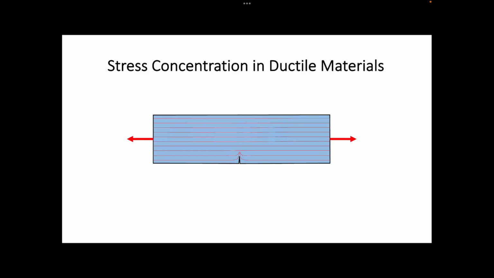For example, if the same crack as before is introduced into a bar of ductile material shown on the screen, here is what will happen if we increase the load. We see that the yielding regions indicated by the yellow colors expand when the load is increased.